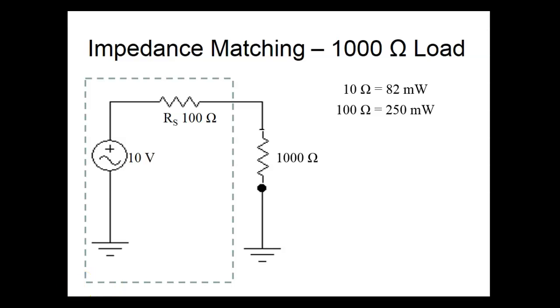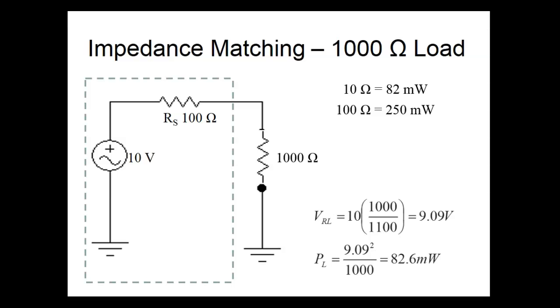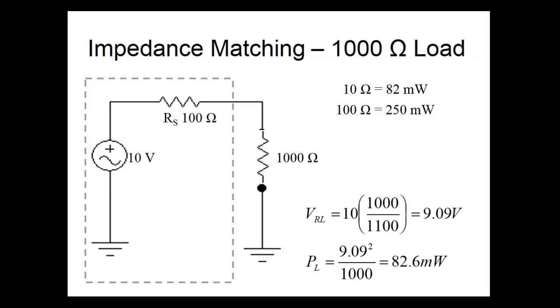Well, in one place I called it 83, here I'm calling it 82. I need to go back into my animation. So what do we get here? It should be back around 83 milliwatts.